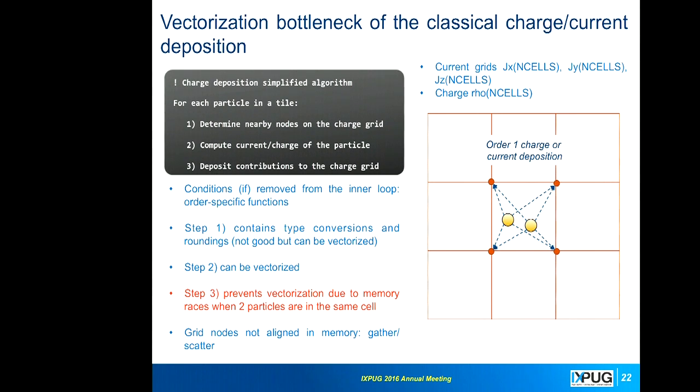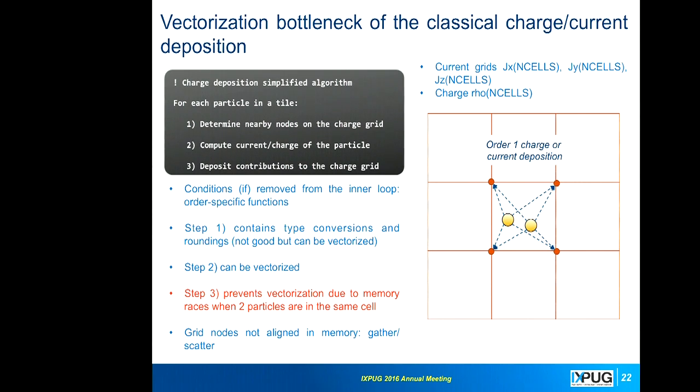Step 1 can be well vectorized, except that we have conversions and roundings. The second one is fine, but for the third one, we have a problem because when 2 particles are located in the same cell, they will try to access the same node. So for the vectorization, it's a problem.